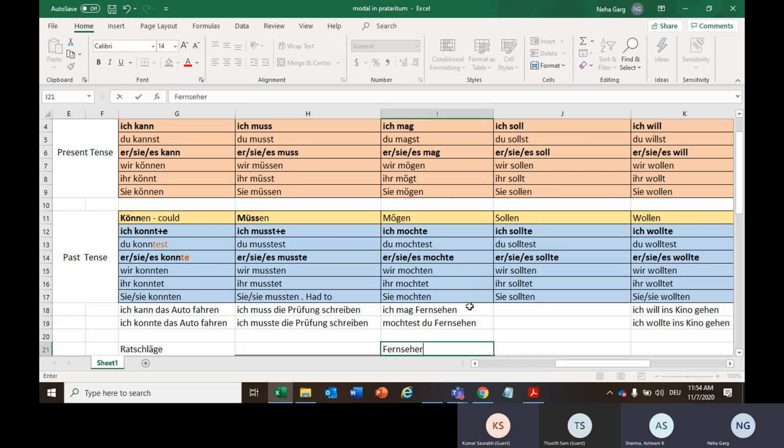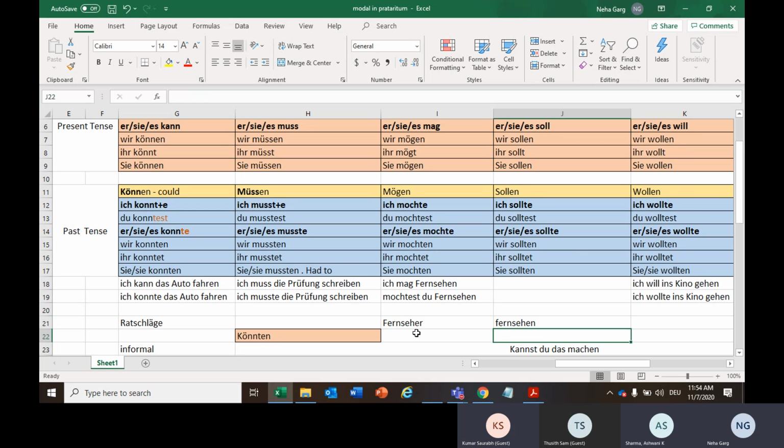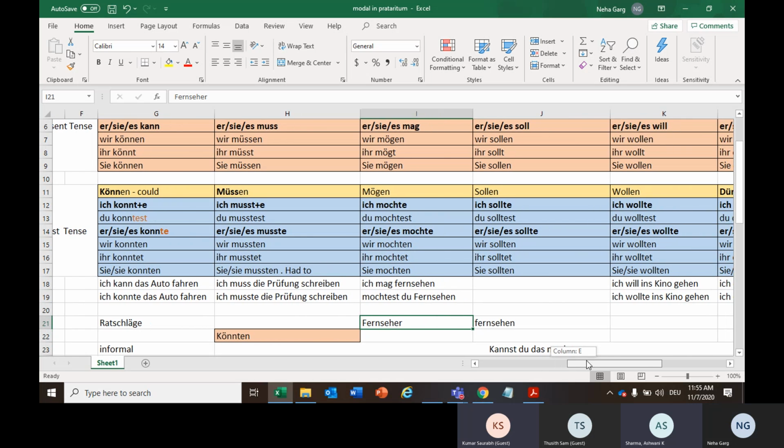Fernseher is television, and fernsehen, with a small f because it's a verb, is to watch TV. The first is a noun. So Fernseher means TV, and fernsehen means to watch TV. Klar? Yeah. Okay.